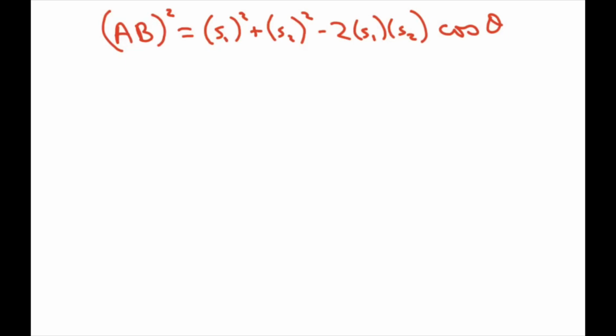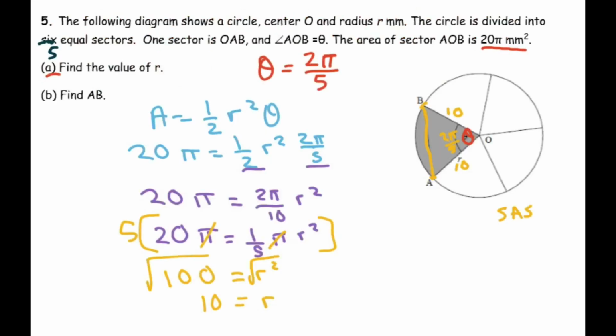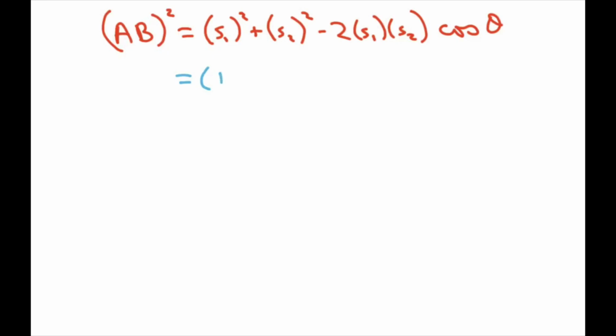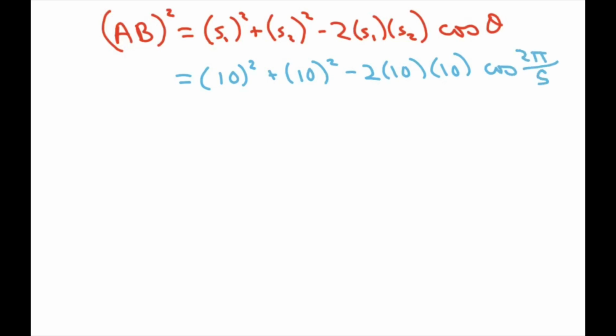And fill all that in. So this is going to be 10 squared plus 10 squared minus 2 times 10 times 10 cosine of 2 pi over 5, because that was your angle.